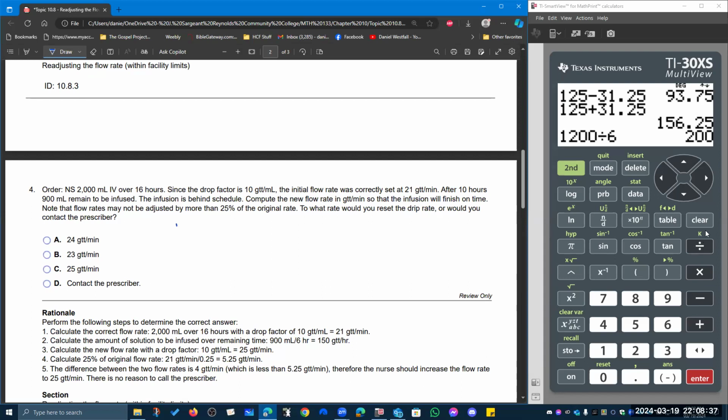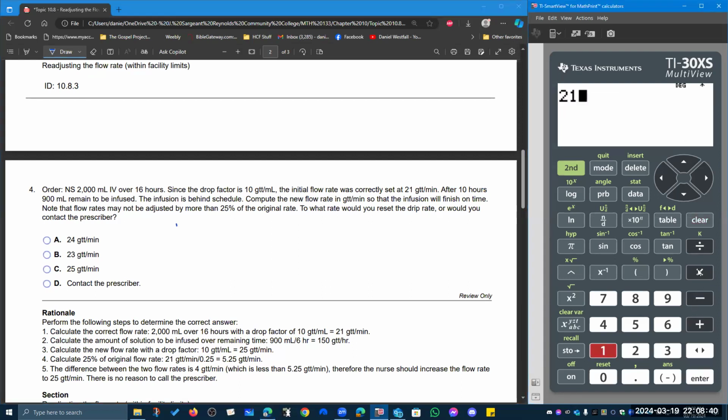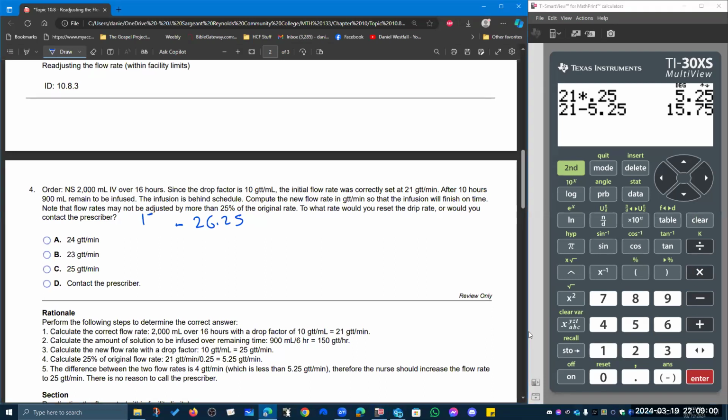So 21 times 0.25 is 5.25. So 26.25 is my upper limit, and 21 minus 5.25 is my lower limit, 15.75. All right. After 10 hours, meaning there's 6 hours remaining, we have 900 milliliters to be infused.